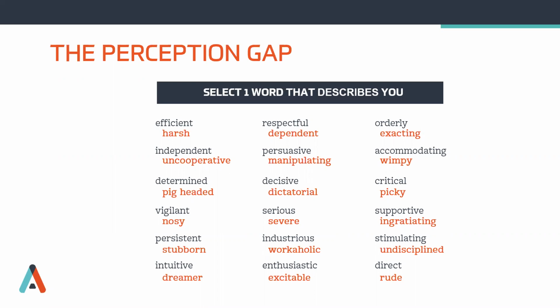And so hopefully this serves as a reminder for each of us as we think about the behavioral assessment that when we see other folks at work, we want to press pause and really consider, is that person trying to be ingratiating, or are they trying to be supportive because that's what feels good to them and that's how they do work in a way that feels energizing and effective.